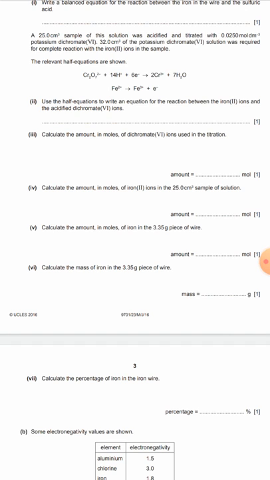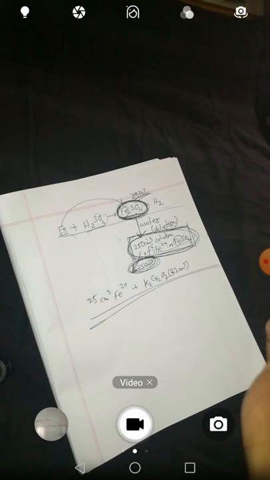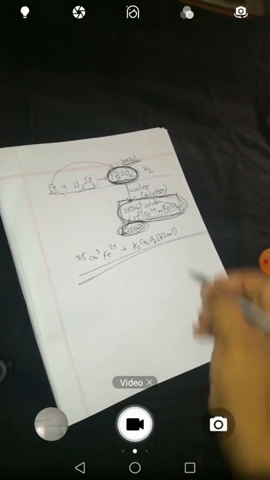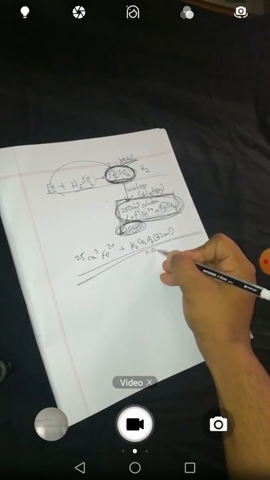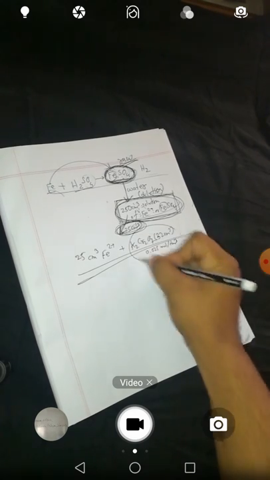Okay, and two reactions are given, and we need to add up the two reactions to give an overall reaction. Okay, let's go. So it's 0.025 mole per dm cube, this solution.